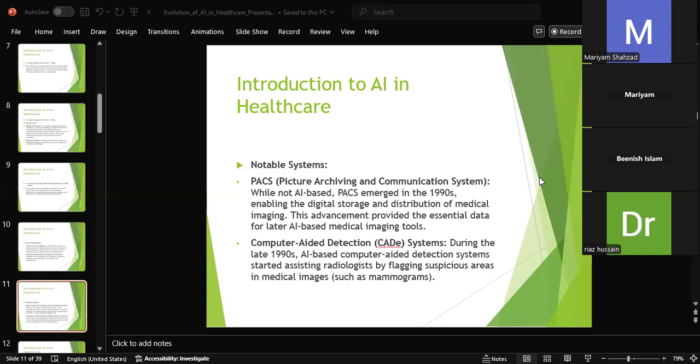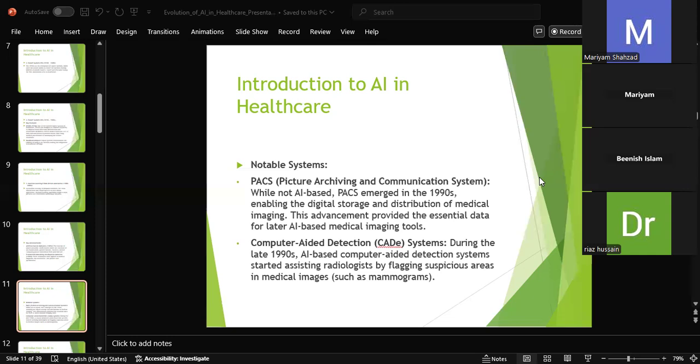Then in lung cancer screening as well, CADs could assist in detecting lung nodules in CT scans. From the images, those could be detected very easily, which could not be easily detected by the human eye. So it improved the early detection rate of lung cancer as well.